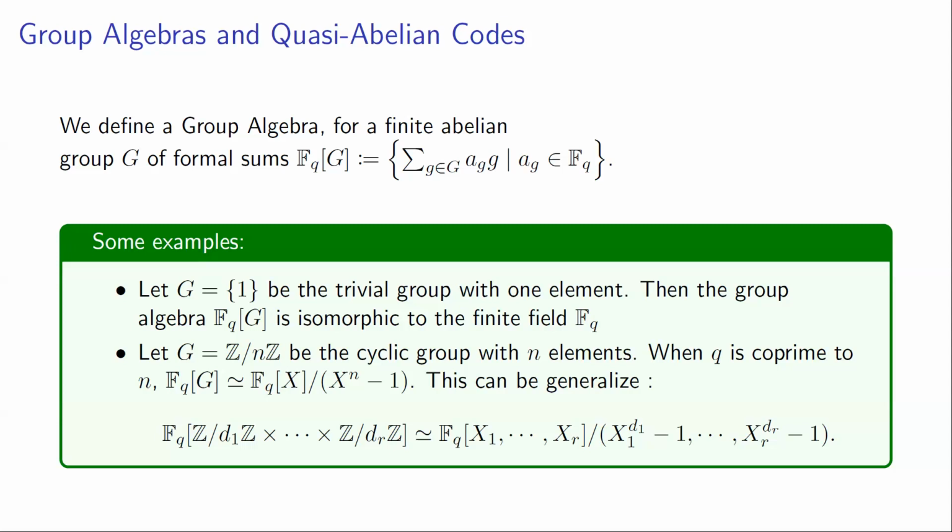Then it is just isomorphic to FQ. And if you take G to be the cyclic group, then it is isomorphic to FQ[x] divided by x to the power n minus 1. And you can generalize. Here you can see that the isomorphism is simply from the element g of G to x to the power of g.